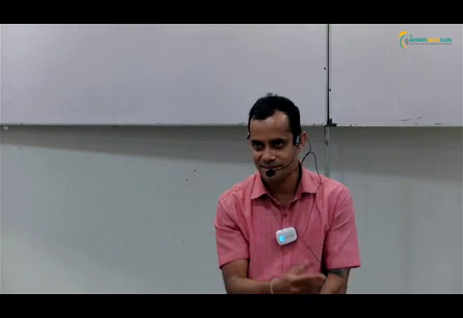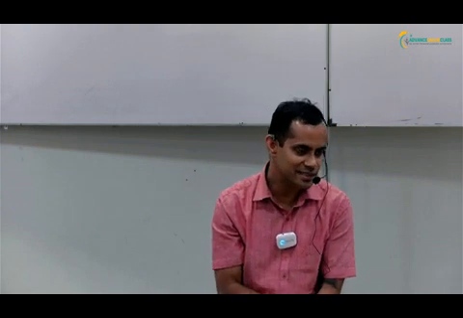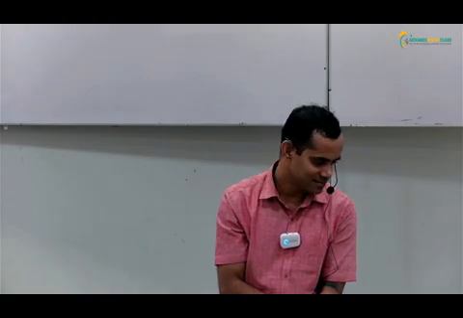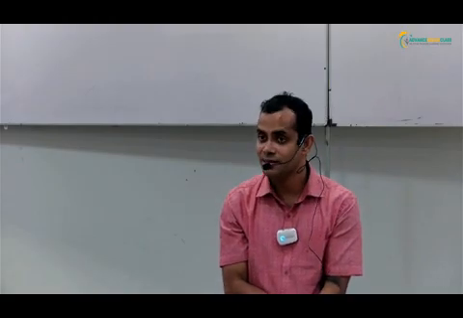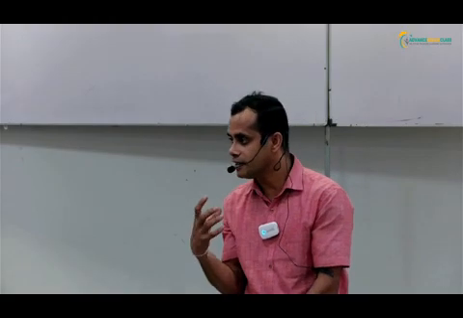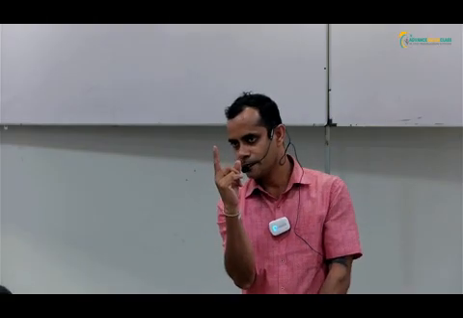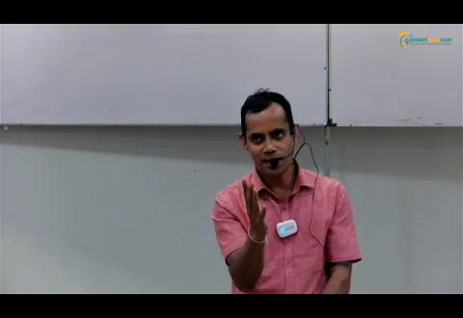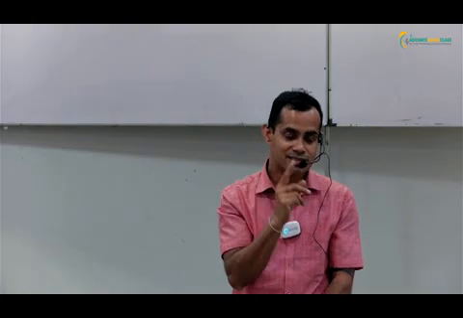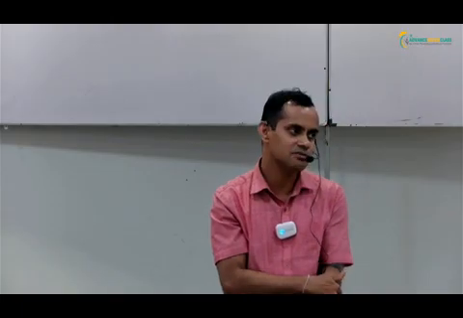Balanced, because the object is at rest, or stationary. How to find it? If something is moving at uniform velocity, balanced. If something is at rest, balanced. If something is accelerating or decelerating, unbalanced. That's how we find it.